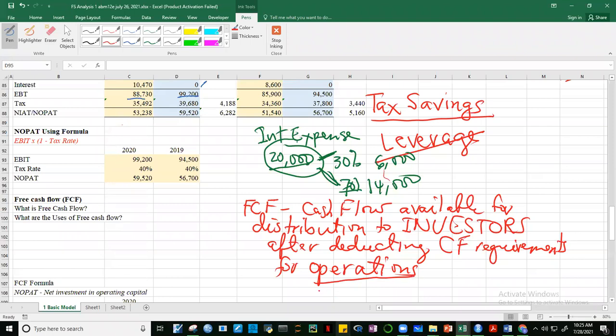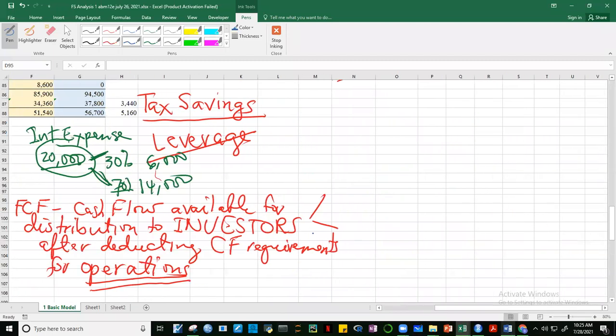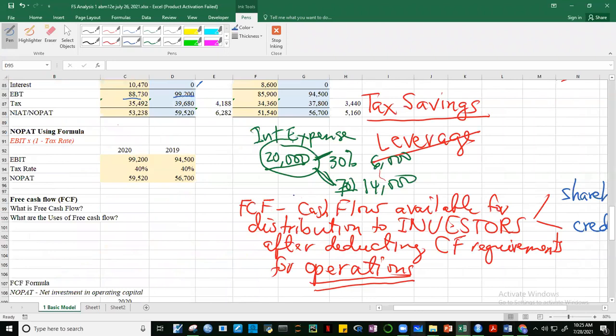So pag na-deduct na natin guys yung requirement ng operations, then yung natitirang cash flow na yan, pwede nating i-distribute sa investors. And you know by now guys, pag sinabi natin investors, these are our shareholders and our creditors. Sila yung mga investors natin. So pagkatapos natin tanggalin yung cash flow na kailangan para sa operations, yung natitira na pwede natin i-distribute sa shareholders, that's called your free cash flow.